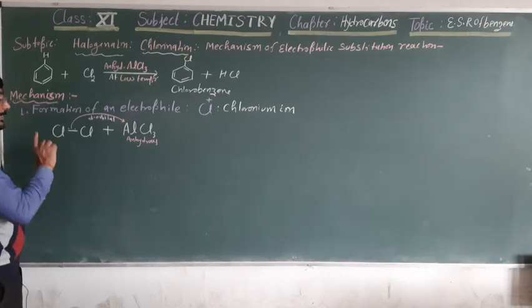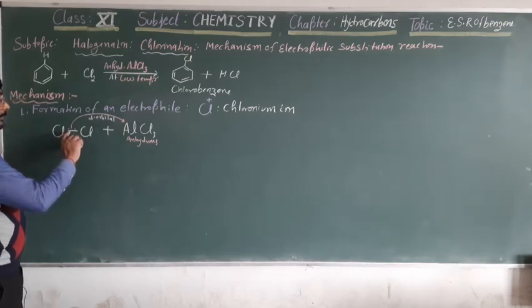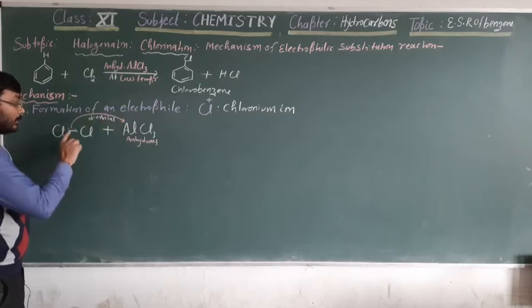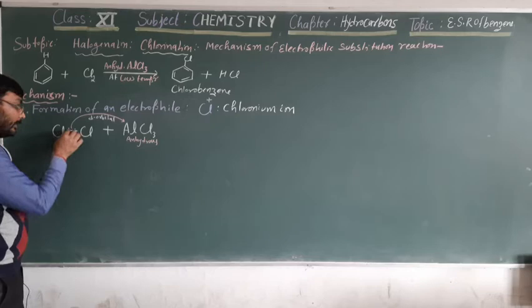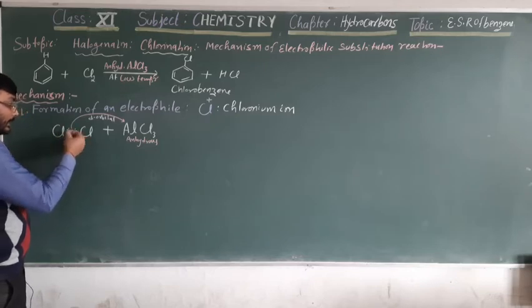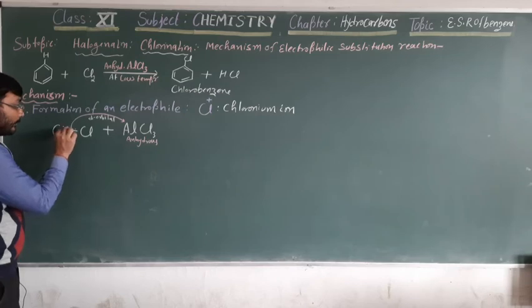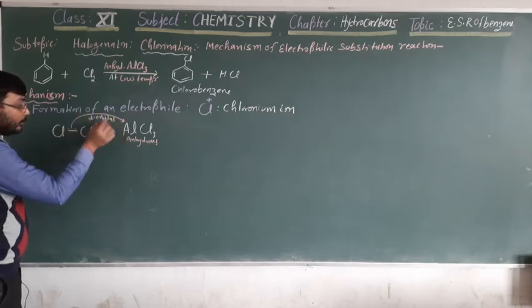Now in this case, easily this bonded electron will transfer into the aluminum d orbital, and the chlorines will separate homolytically, means this electron of chlorine also will move.